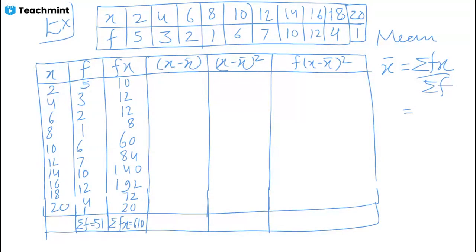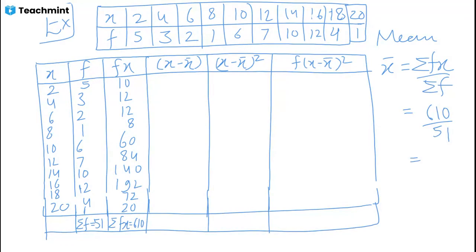Okay, and we'll get 11.96. Actually, I have taken this random example, okay? That is why we have such values. So let us divide 610 by 51.